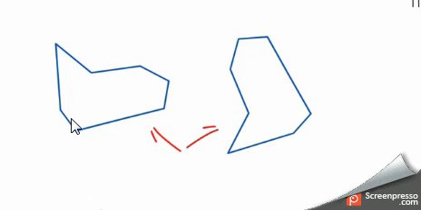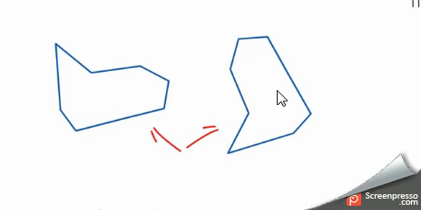This is a heptagon, mister, heptagon again. Okay, let's count the number of sides of this polygon. 1, 2, 3, 4, 5, 6, 7. Seven sides, mister. Okay, excellent. Now, are they congruent or not, mister? They do not look alike.